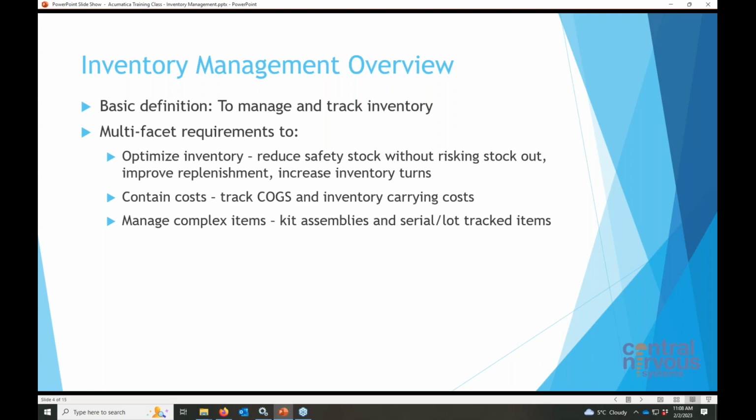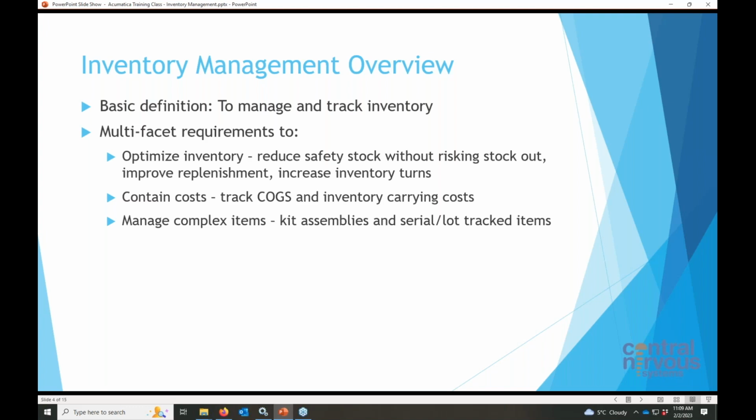A couple other options at tracking inventory are containing costs. With any inventory optimization, we're looking to track our cost of goods sold so that product that is brought in, maybe it gets combined with other products through kit assemblies, and then moves through to issuing product to sales orders. We want to be able to track those costs of goods through the whole process.